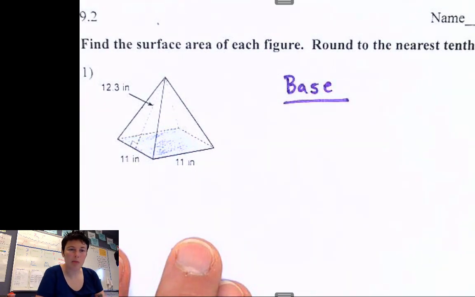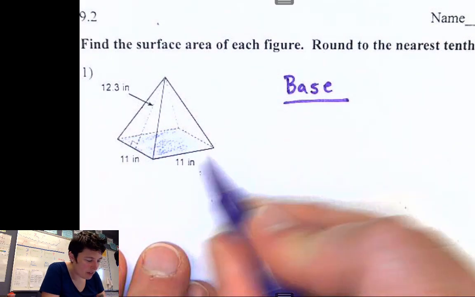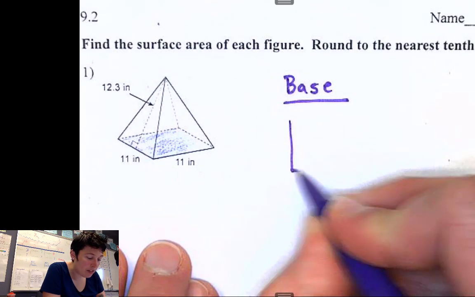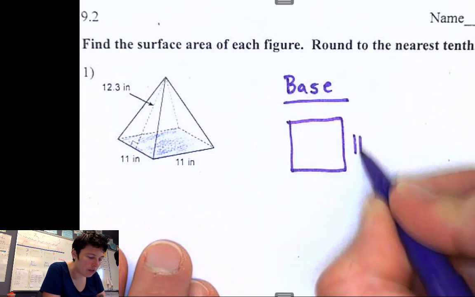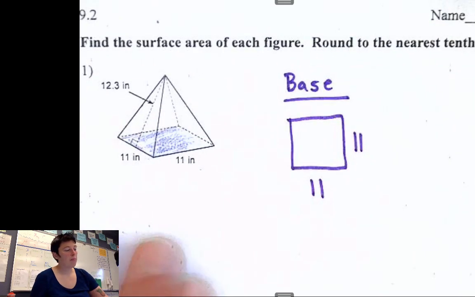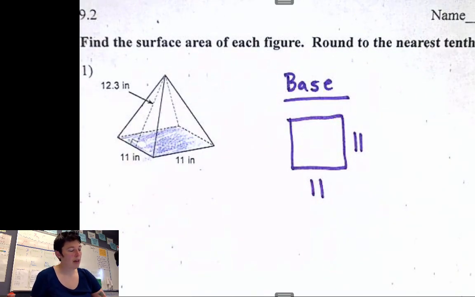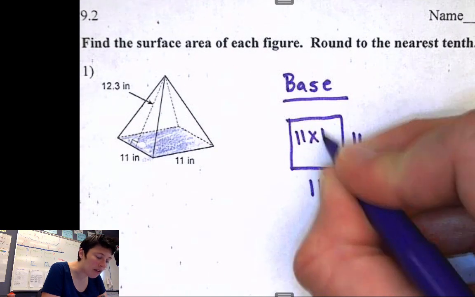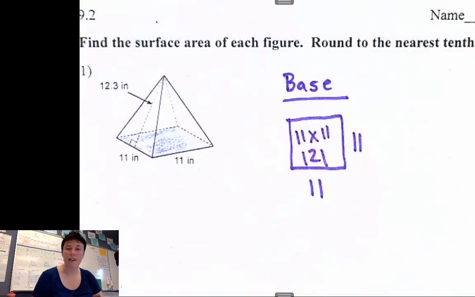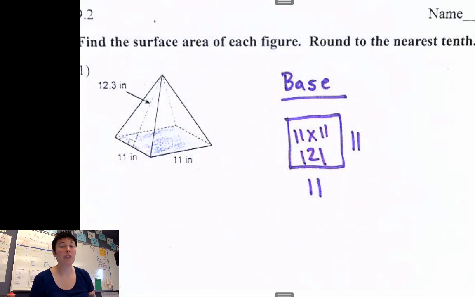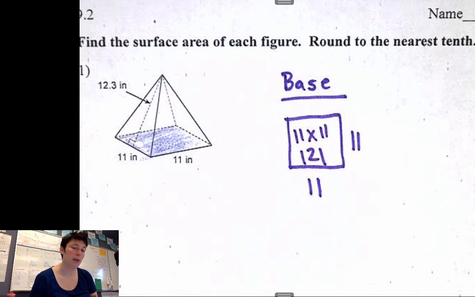So the base is in the shape of a square. Look how it measures. It's 11 by 11. So we have a perfect 11 by 11 square. That'll be our base. 11 times 11 gives us a 121 area, a square inch area of 121.